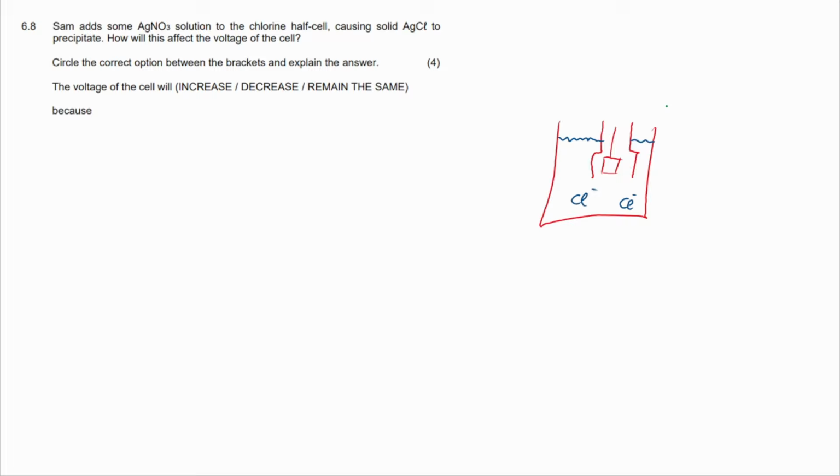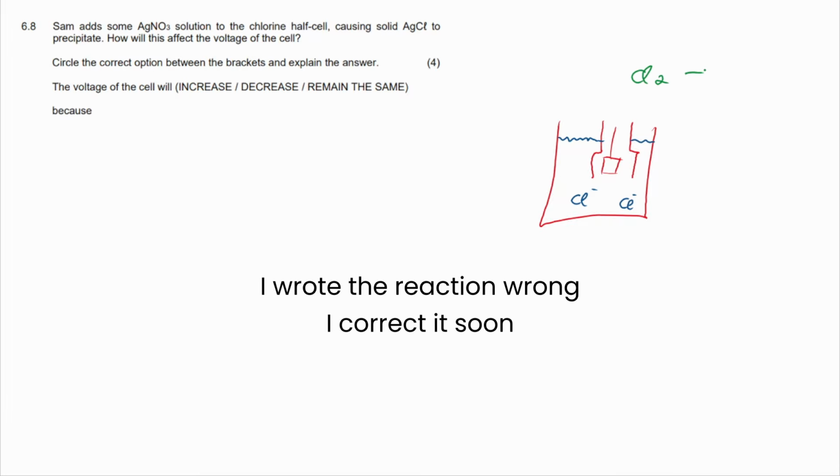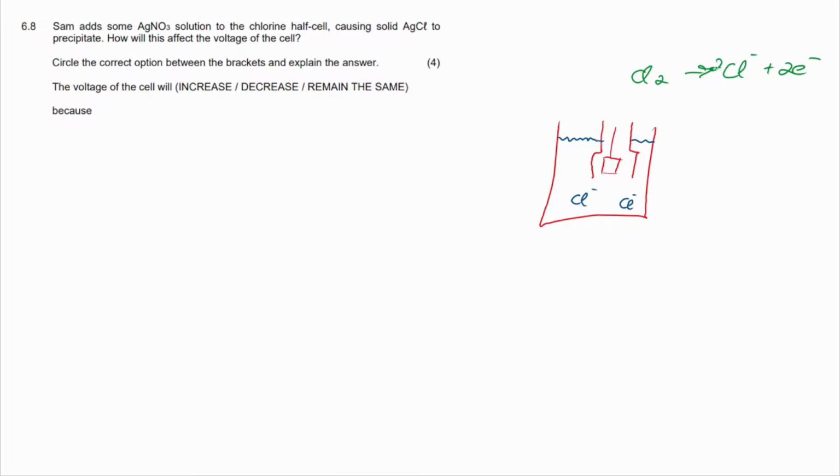Okay, so what happens is, as this reaction takes place, remember, the chlorine half cell was a reduction half reaction, right? Because we had chlorine going to this plus 2 electrons. There should be a 2 here. So this is the reaction that's happening, and the concentration of these keeps increasing.